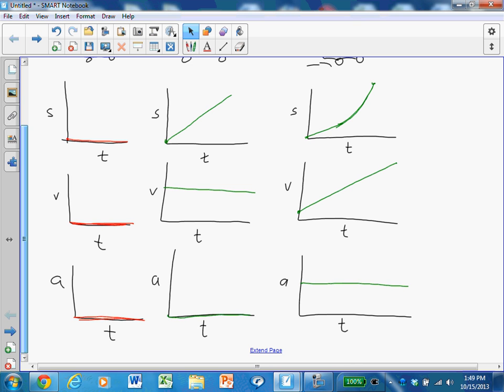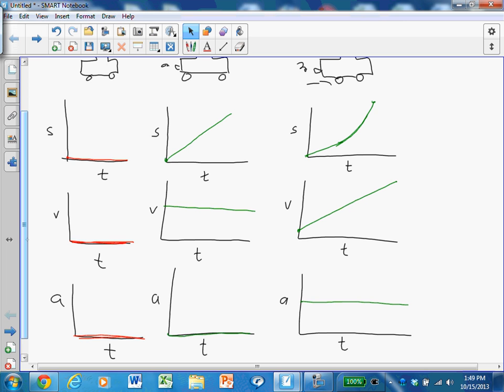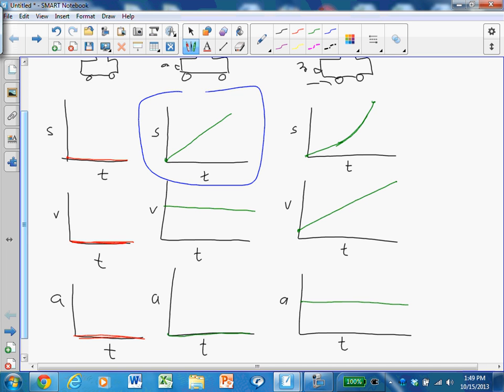So these graphs tell us something, and we can see that the slopes, let's take a look at the slope on this position versus time graph here. Well, the slope, the change in y over change in x, would be, the y is actually s, and the x is actually t, and this is actually our velocity over that time, our average velocity.